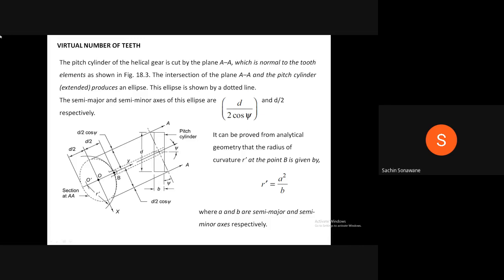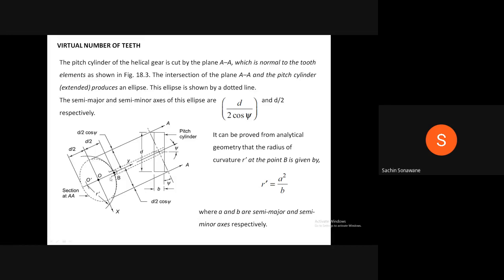Okay, now I will explain virtual number of teeth. Now this is the helical gear. I am explaining the diagram. We have taken a section perpendicular to the teeth, section A, and that section looks like this. This d by 2 and this d by 2, d by 2 plus d by 2 means small d, indicates the minor axis of the ellipse.